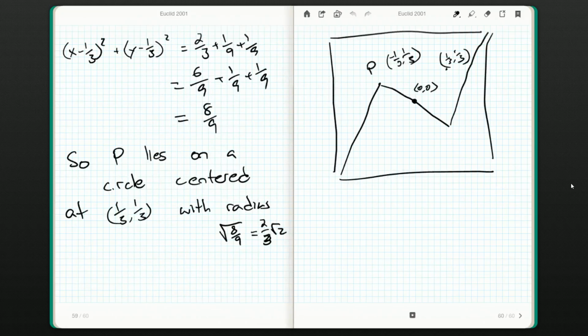Plus 2/3 root 2, that sort of seems kind of big. I guess that would also mean that P could coincide up here. And Q would have to be down here. No, I guess that makes sense.